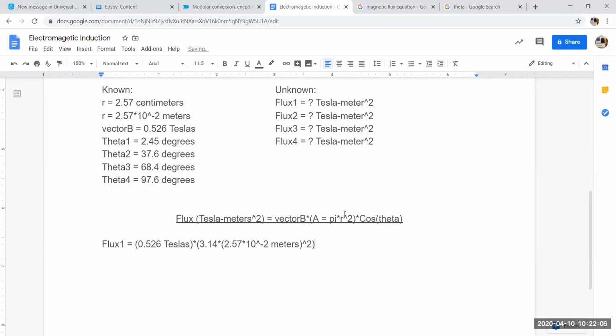Okay, keeping it moving. Multiplied by, what else are we given? Cosine, and our theta in this case is theta 1, because we're using flux 1. So it'll be 2.45 degrees.